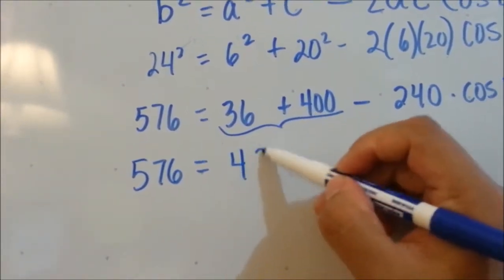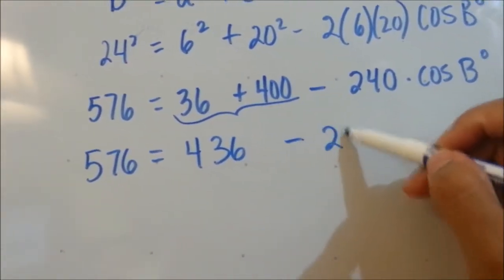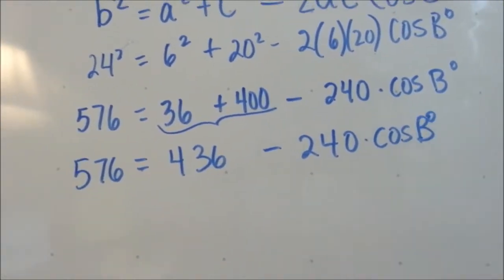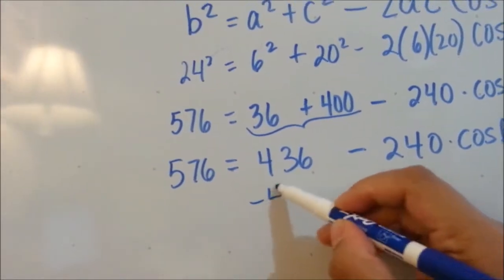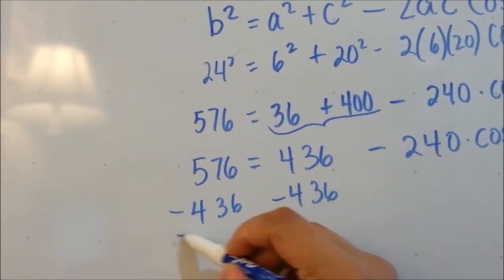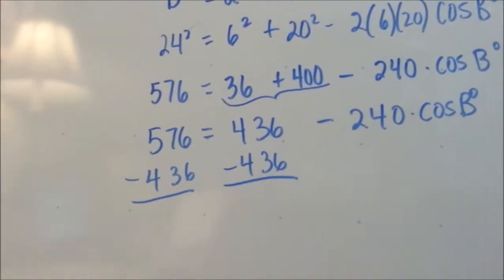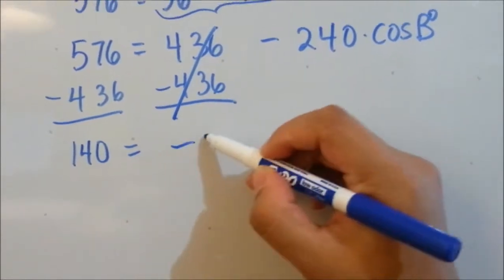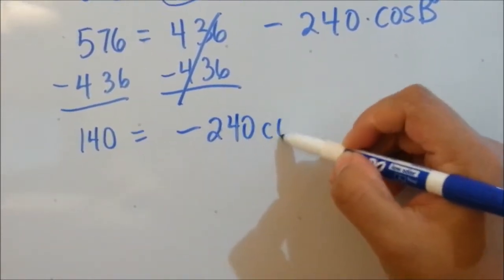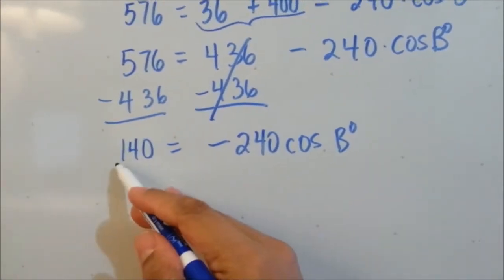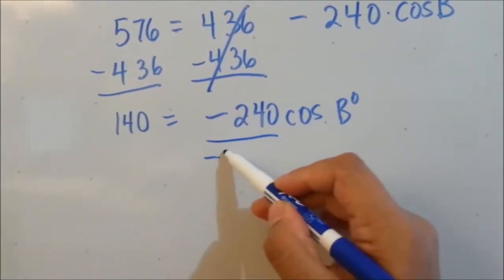436. And we're going to subtract 436 from here. So this equals 140. This goes away, negative 240 cosine B. Now you'll notice that this is negative and this is not, so there's nothing we can do about that.